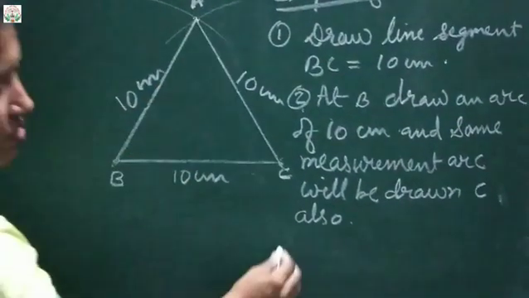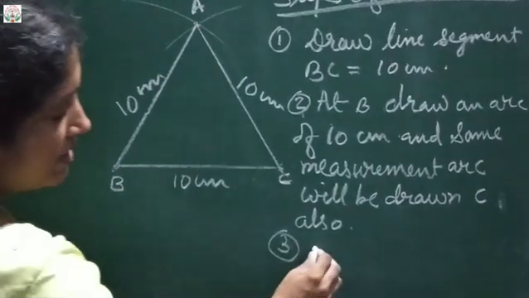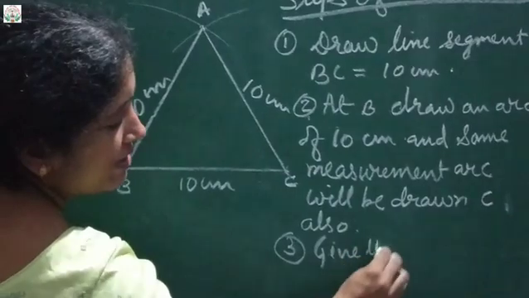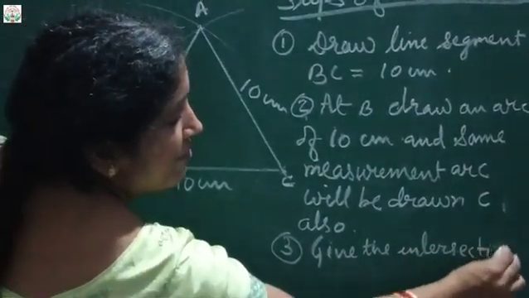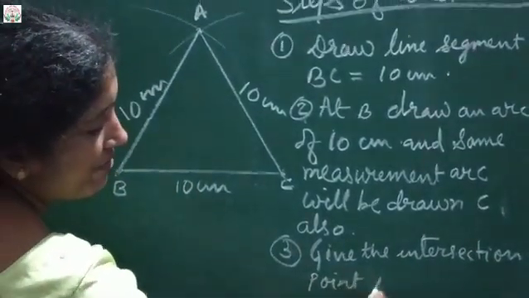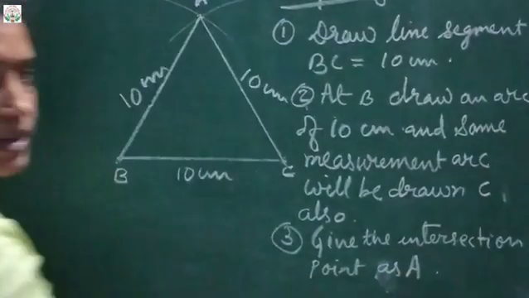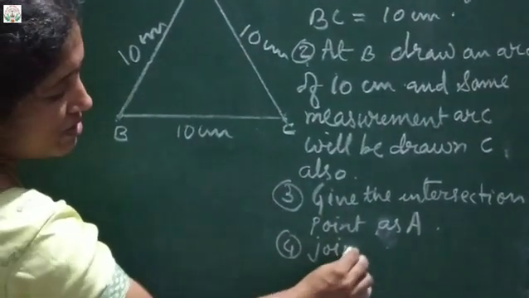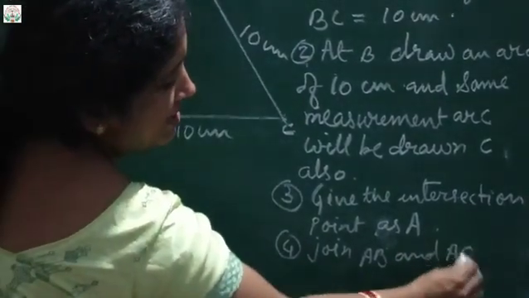Then third point: the intersection, give the intersection point as A. Now fourth one: join AB and AC.